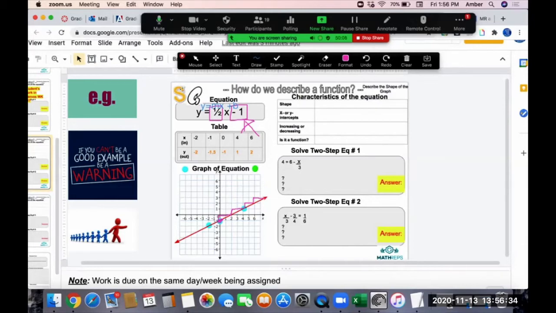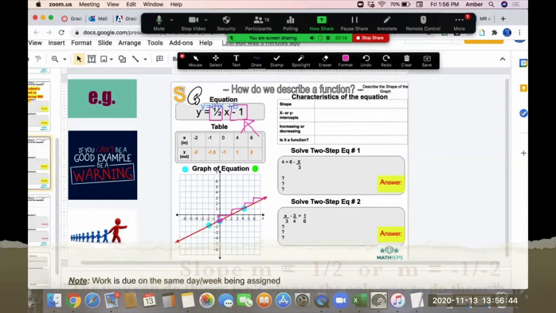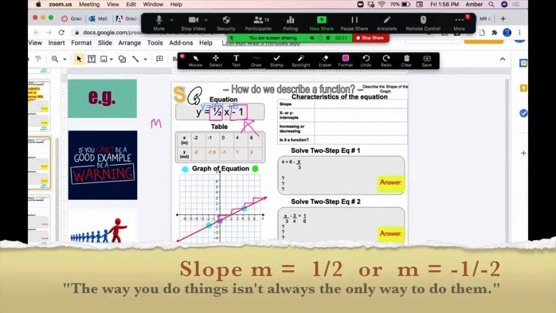With that said, we're done, but I also want to show you another way you could do this. When you have a positive fraction, you can make your slope like this. Your slope M right here can also be -1 over -2, because when we have a negative on both numerator and denominator, it turns into a positive, right?